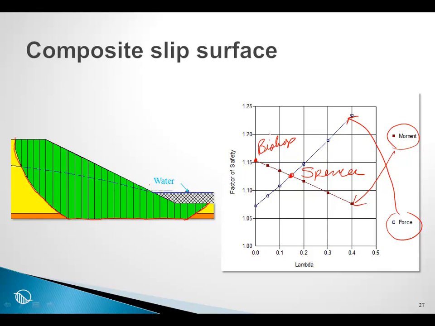We cannot say that. Simple does not mean erring on the safe side, and this GLE plot clearly demonstrates why that is the case. Another reason why it is sometimes useful to make a GLE plot is that, in this particular case, you can readily see why the Spencer factor of safety is lower than the Bishop factor of safety.